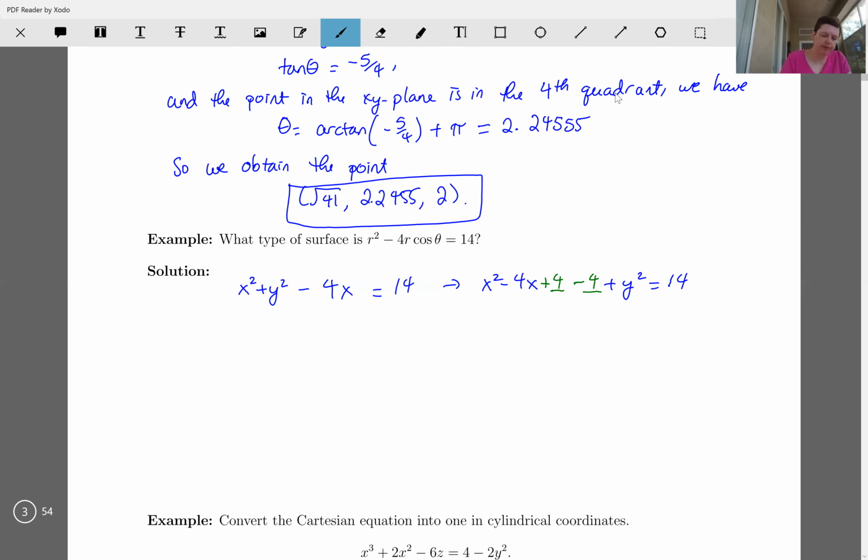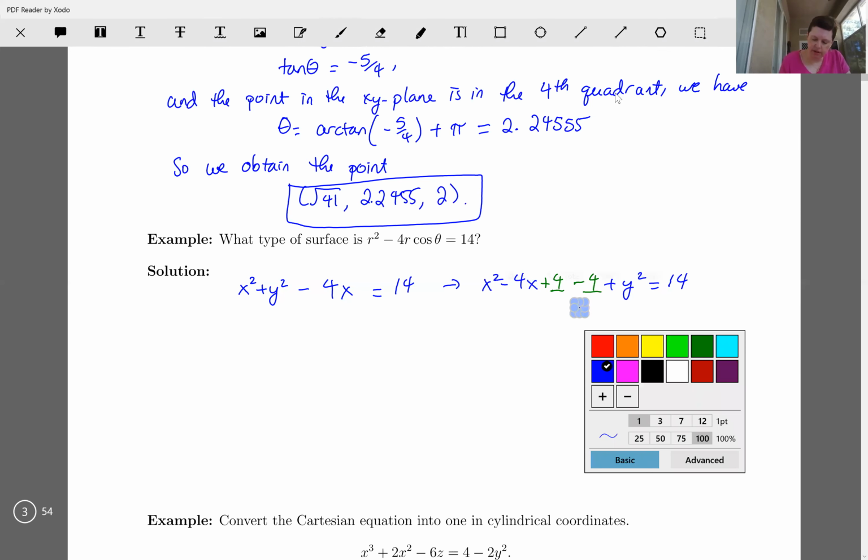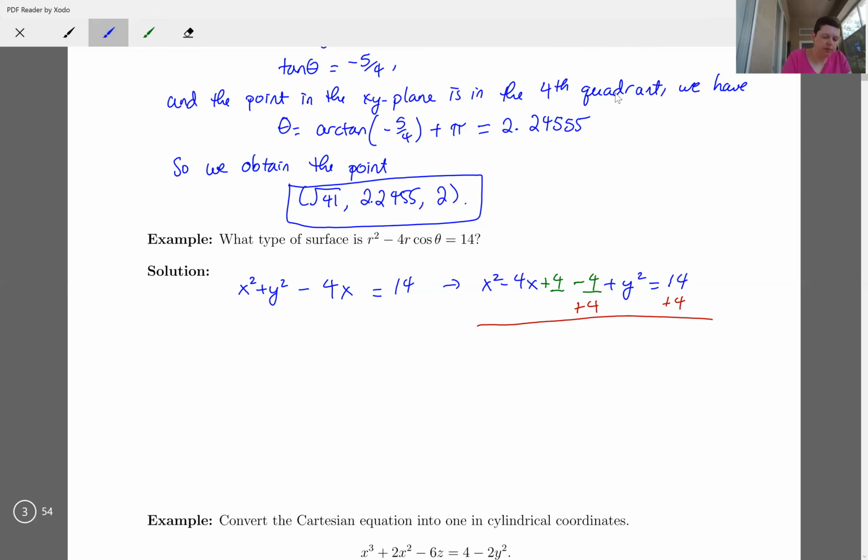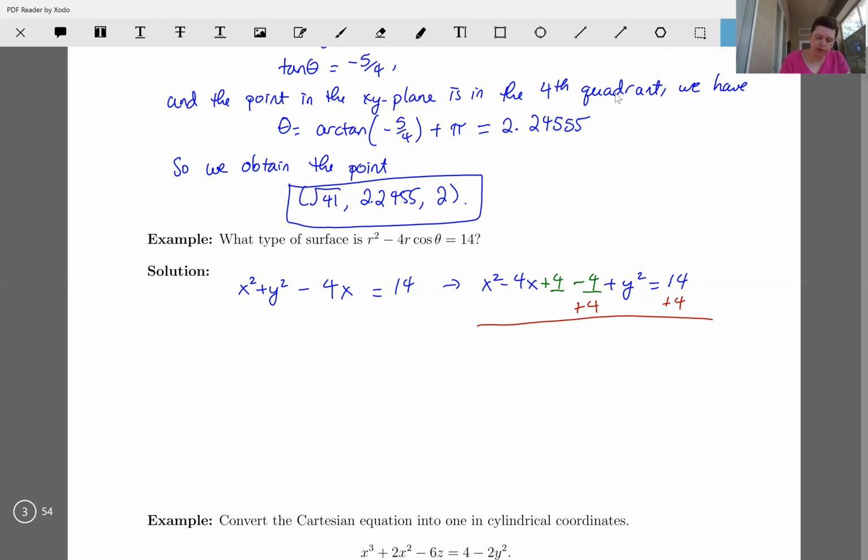So if we do that, I'm just going to add 4 to both sides, just to finish the job. So at the end of the day, what do we get? Well, this part here, that's x minus 2 quantity squared plus y squared equals 18.